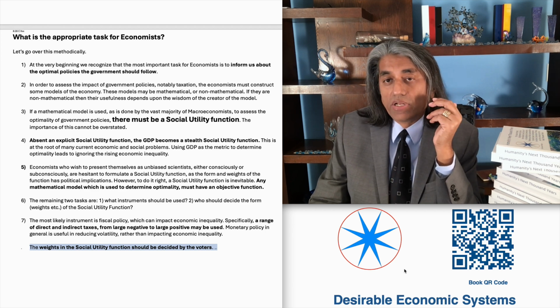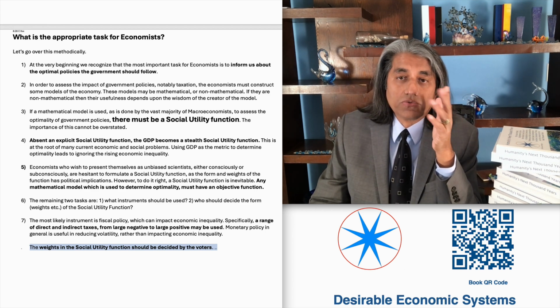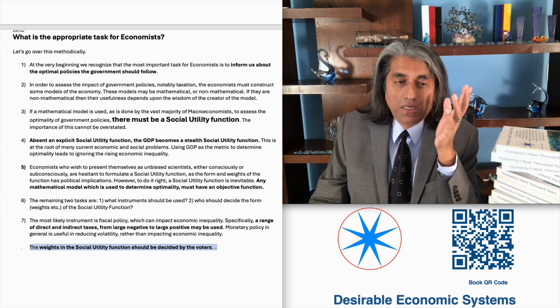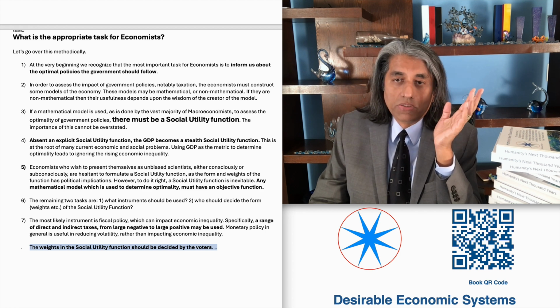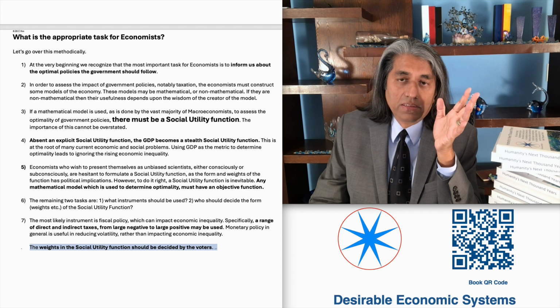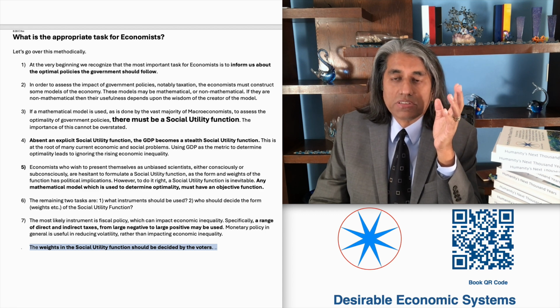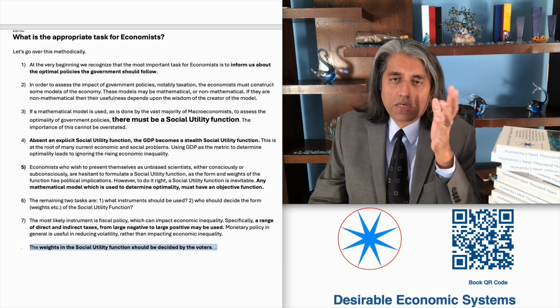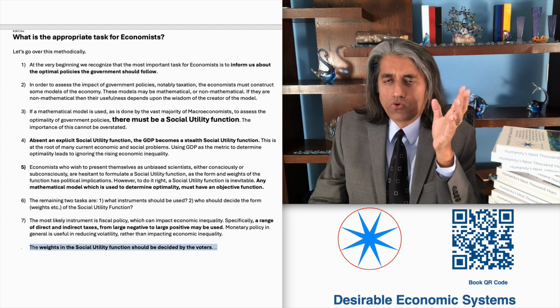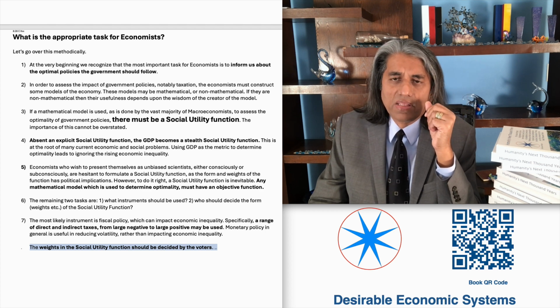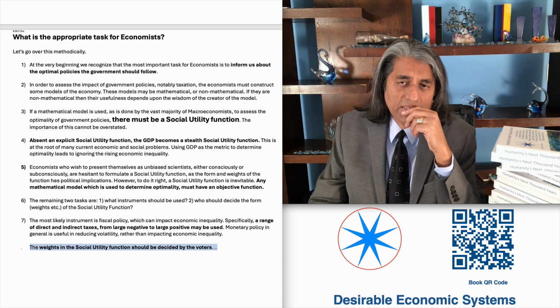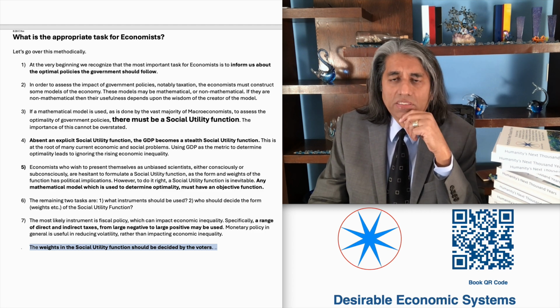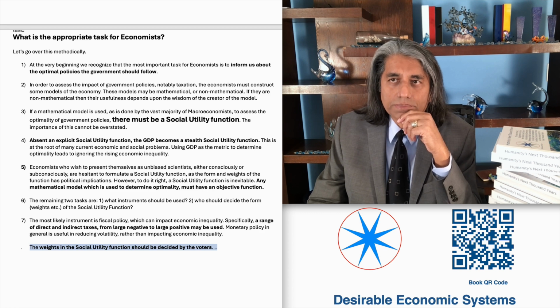So this is the task really for economists. The task for economists is to give us a model with a social utility function, and in those functions there would be parameters, and they would explain how these parameters would affect social utility, and then the voters get to decide what exactly should be the different weights in the social utility function.